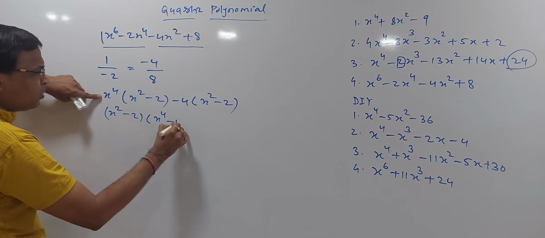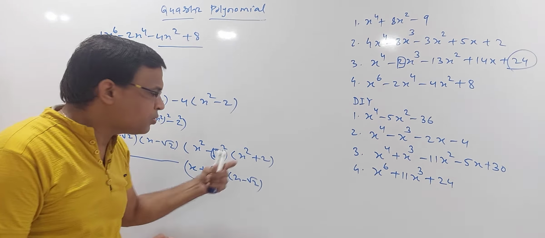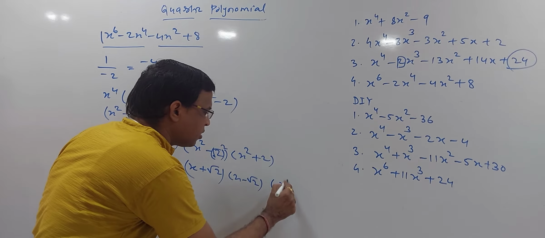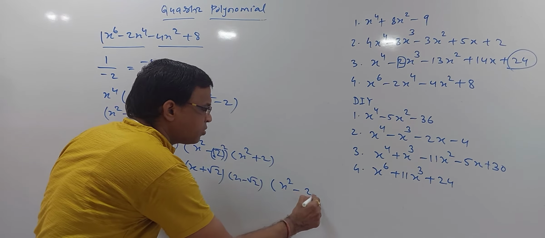Further, it is as it is, and then after that it is x plus root 2 and x minus root 2. Because I can write this 2 as root 2 square, and this is x square plus 2, so I can put it like x square minus 2i square. Because this plus is minus and minus, we have seen in the first question, that minus can be written as i square, so it becomes a square minus b square case.